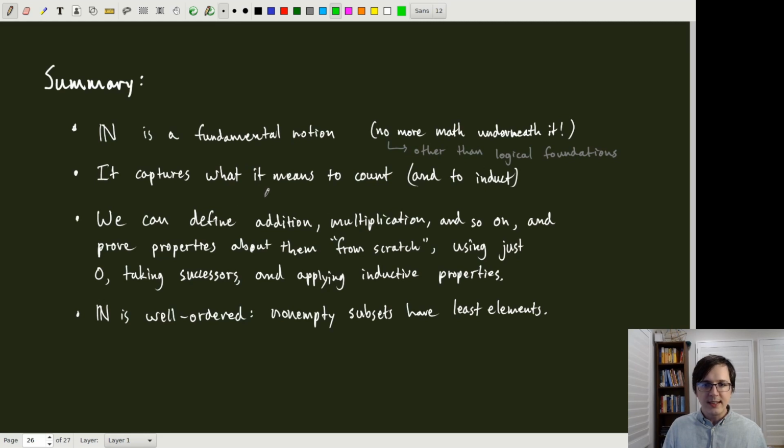Then we also saw the induction principles and defining things by induction, which you've probably not experienced before. Inductive definitions are very useful in a lot of mathematics.